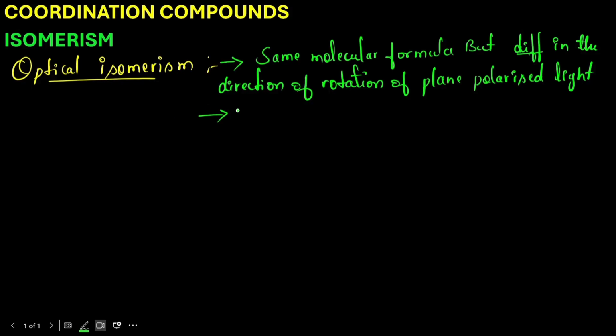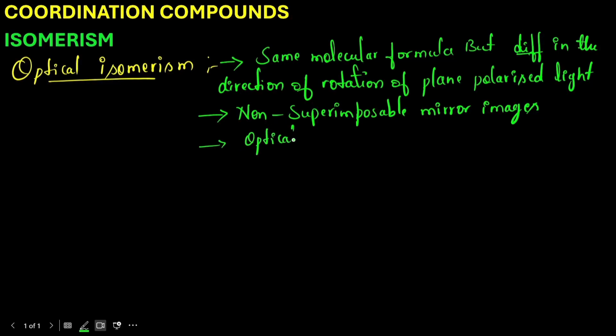Here optical isomers are non-superimposable mirror images. These are optically active. Let us take an example: if you consider A, if you write the mirror image of A, it will be like this.